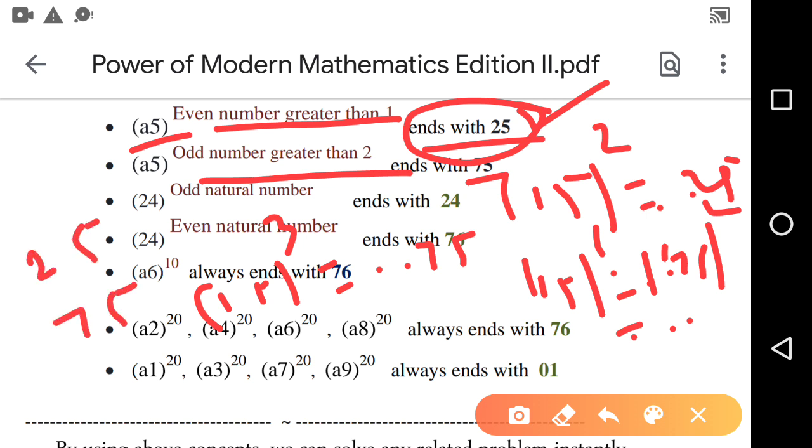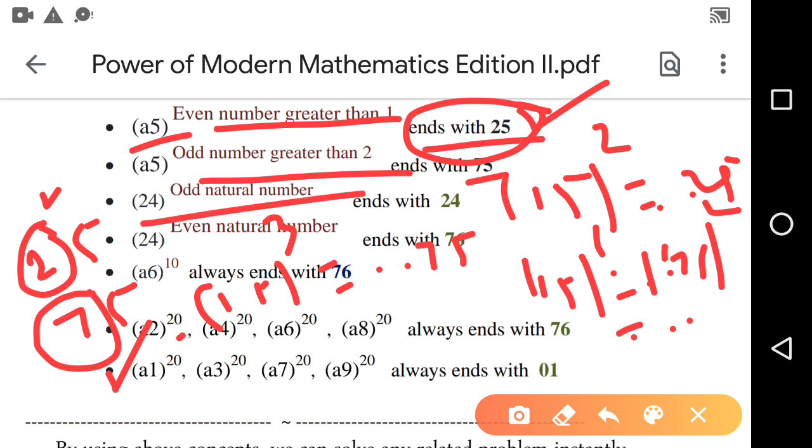If it is raised to an even power greater than 1, then it ends with 25, and if it is raised to an odd power greater than 2, then it ends with 75, that is the tens digit is also odd.